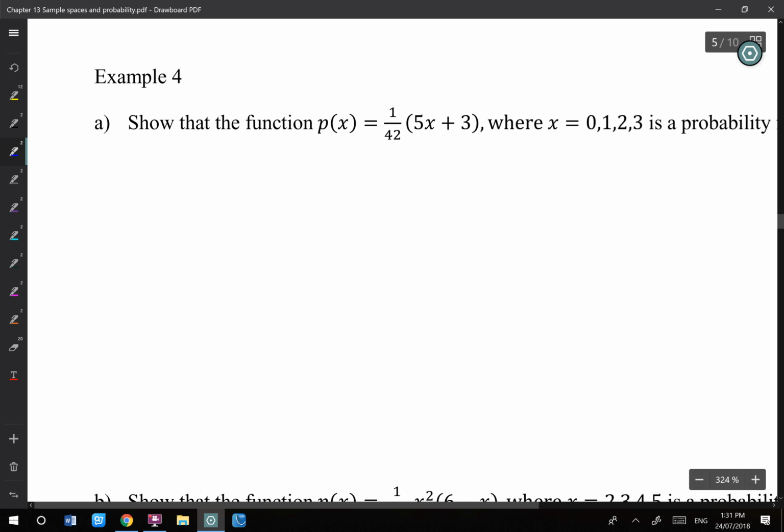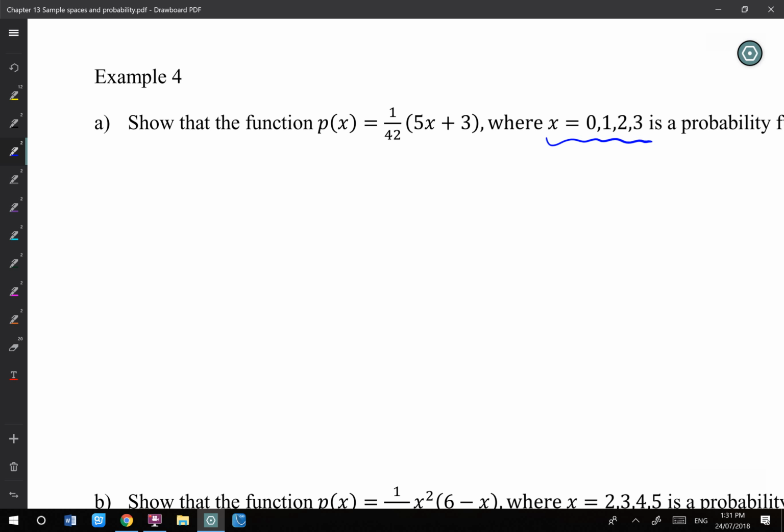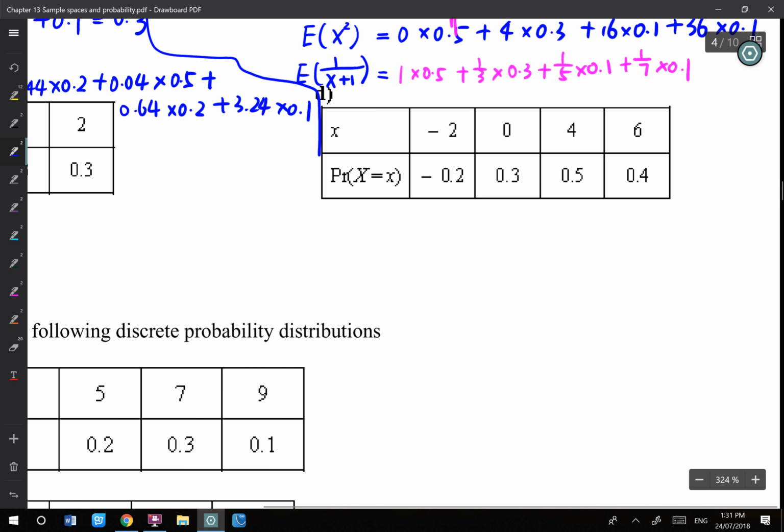You have P(x) equal to that, but the probability is changing with the X change. Also you can list out what your X can be. Your X is 0, 1 to 3. And you can substitute X into the function to get the probability for X equals 1, X equals 2, and X equals 3. So this is a mass function.